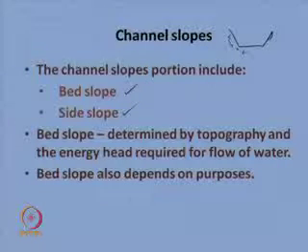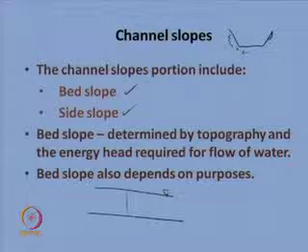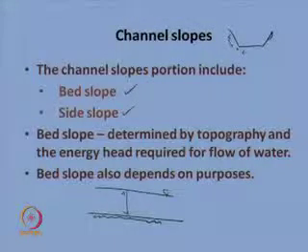Say if the channel is like this, carrying water with uniform flow depth, this is the longitudinal view, flow is occurring. Then the slope of the bed is called bed slope. The slope of the sides of the channel, as given here, is called side slope.